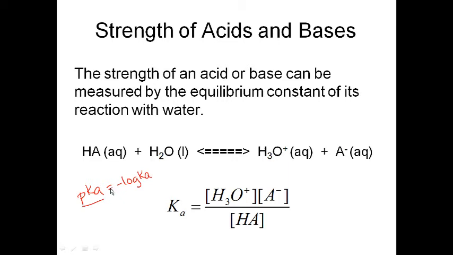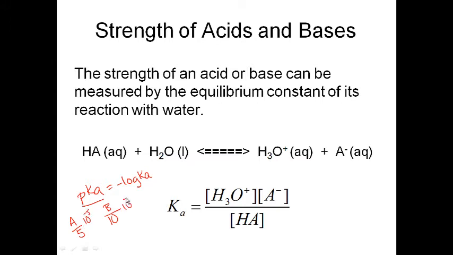Now, what happens if we have something that has a pKa of 5 versus something that has a pKa of 10? If compound A has a pKa of 5 and compound B has a pKa of 10, which one's the stronger acid? Well, this would be a Ka of 10 to the minus 5th.